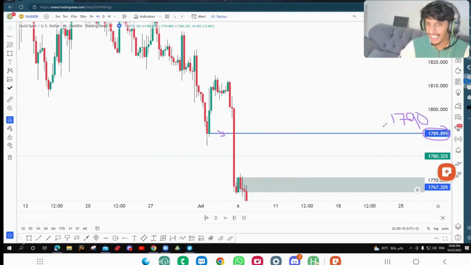Whenever you see a level match with a psychological or round number, this level should have confluence. It will either wake up or reverse from the area. I'm very bad at drawing, but it will do something like this.